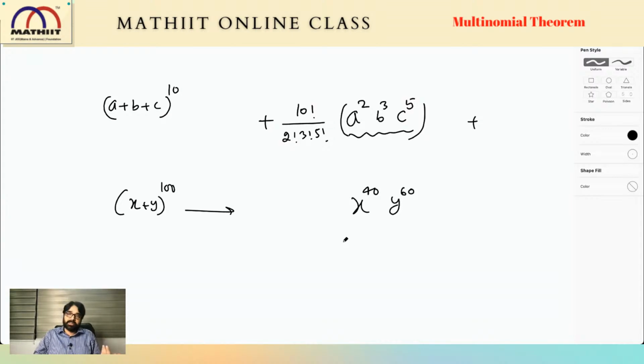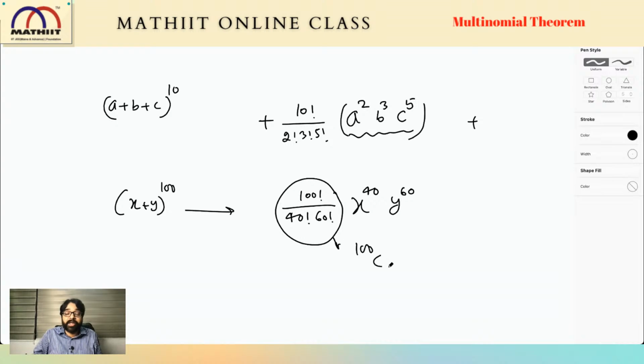Yes, that term will be there, because 40 + 60 is 100, and that is possible. What is the coefficient of this? 100 factorial divided by 40 factorial, 60 factorial. And do you know what this is? This is your 100C40 or 100C60, whatever you want to say.